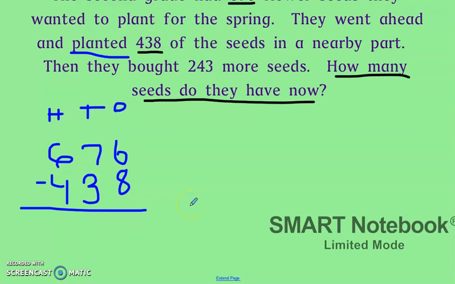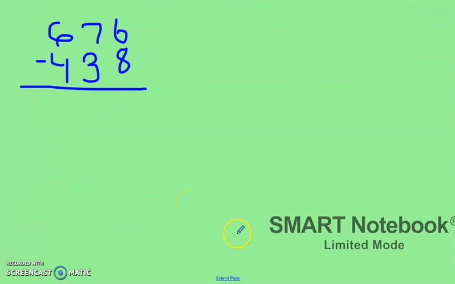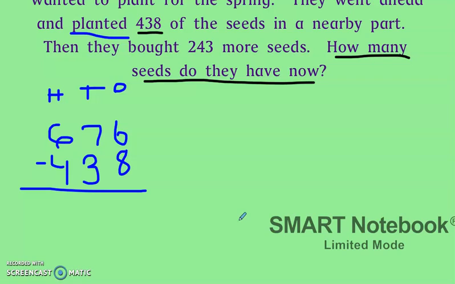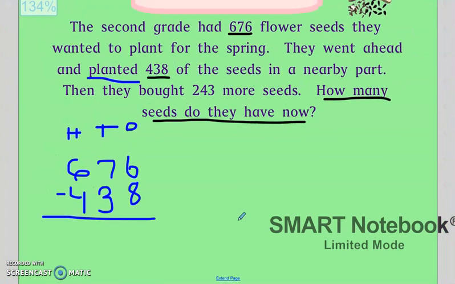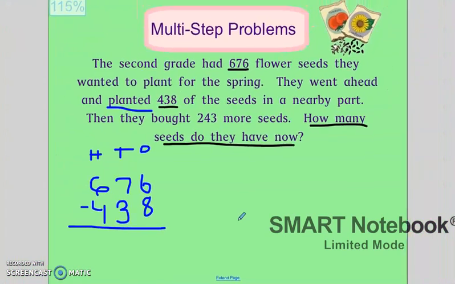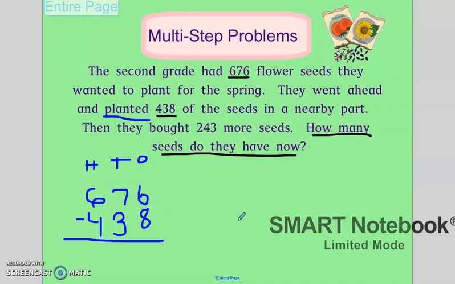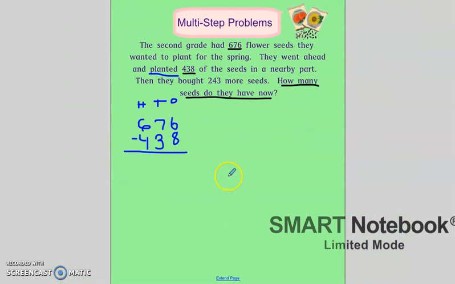Try to solve, please. Okay, so we go to our ones place first, and it says 6 minus 8. Is there more on the top or more on the floor? If you said more on the floor, you are correct.